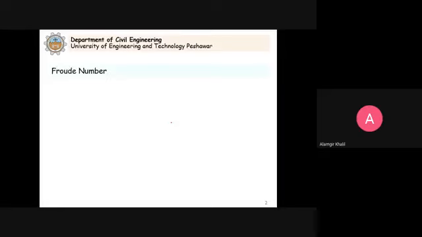That means we can predict the performance of the prototype by conducting tests on scaled models. To do that, we have to ensure that there is similarity between the model and the prototype.